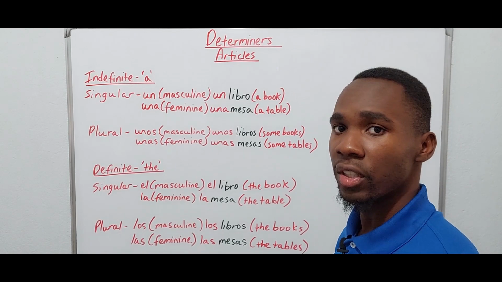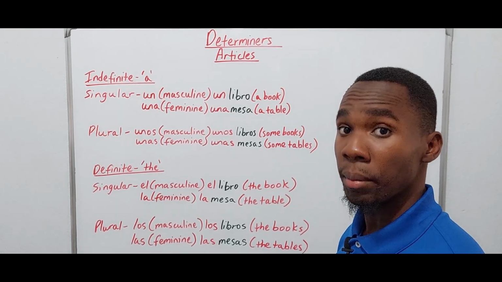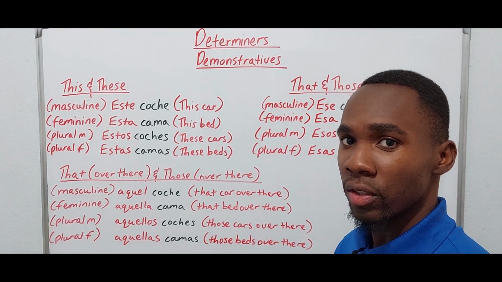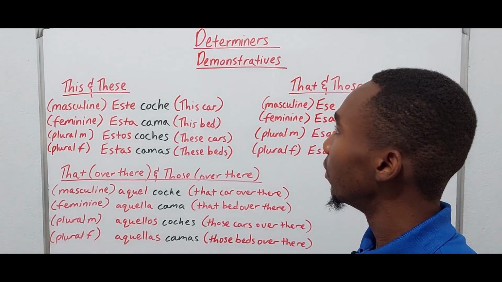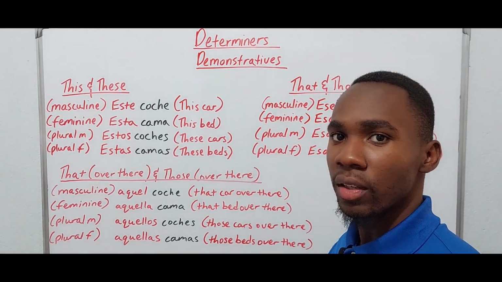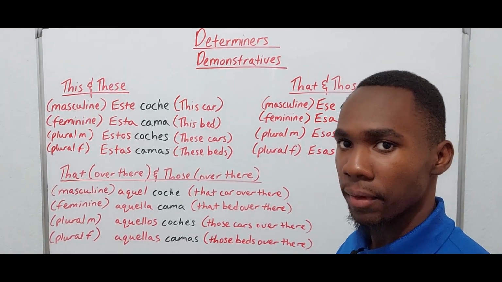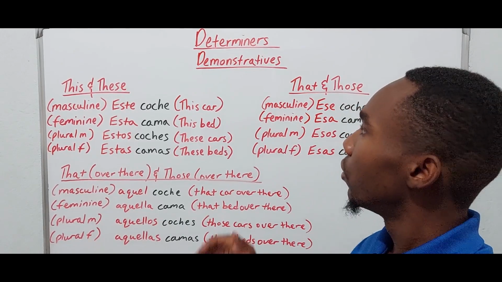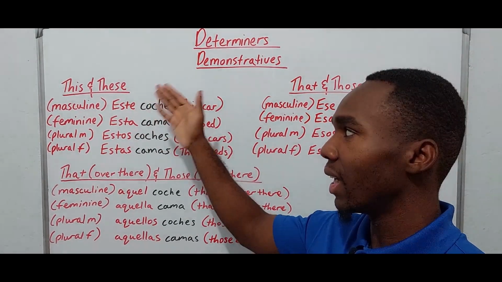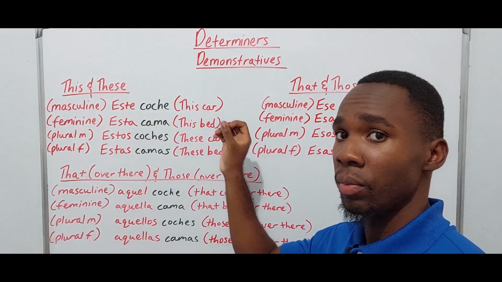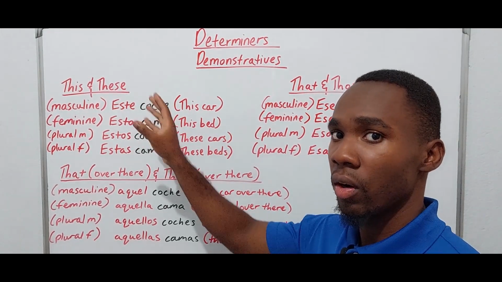Now we're going to proceed to demonstratives. And demonstratives are going to be words like this, that, those, these. So we'll start with this and these. This would be singular and these would be the plural of this.